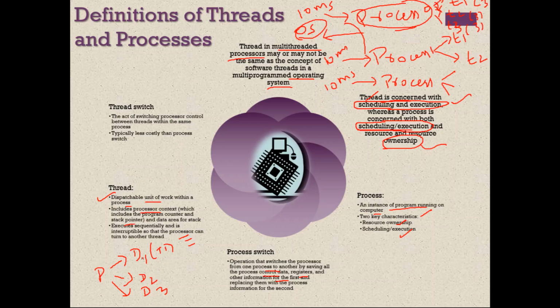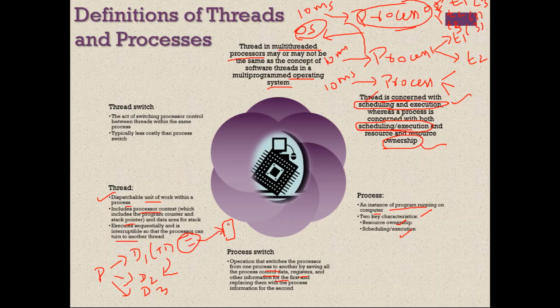Because within a process also, we are going to switch from one thread to another thread. When you switch from one thread to another thread, this thread status should be stored. So where will it be stored? It will be stored in some stack. There may be some small stack area for every process. Threads execute sequentially and are interruptible so that the processor can turn to another thread.